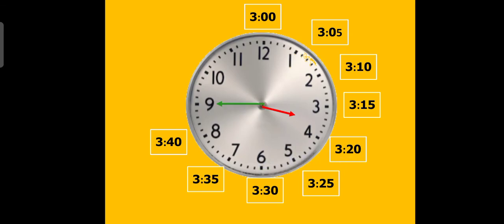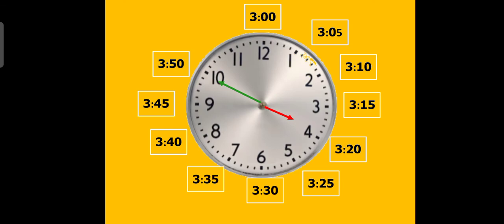Now the long hand reached which number? 9. How many minutes does 9 represent? 5, 10, 15, 20, 25, 30, 35, 40. So 9 represents 45. The short hand is between 3 and 4 and didn't reach 4 o'clock, so it's 3 o'clock.